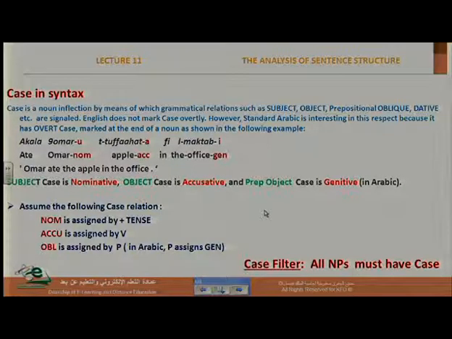Accusative case, i'rab al-nasb, is assigned by the verb directly to its object, and oblique in the case of Arabic is assigned by a preposition.